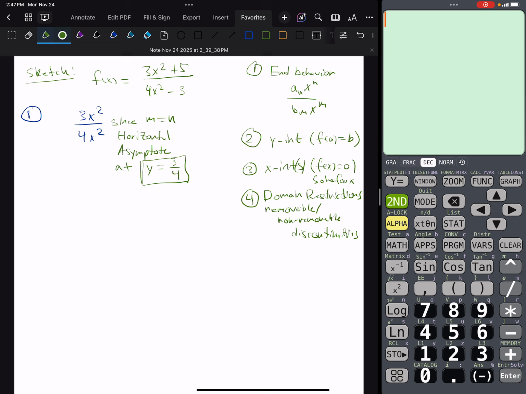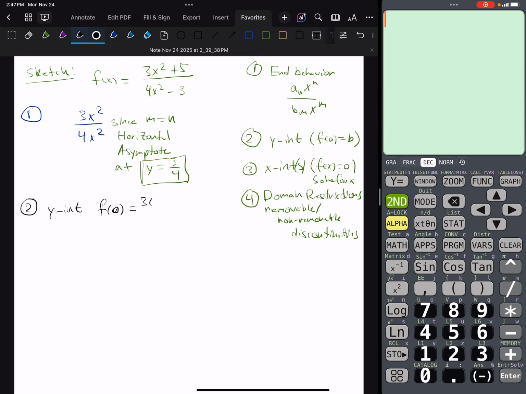Okay, then I need to find my y-intercept. My y-intercept is found the same way we did for polynomials and for lines. All we have to do is evaluate the function at an x equals 0 value. We go back to the original function here.